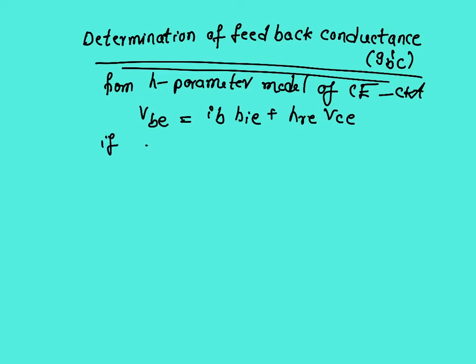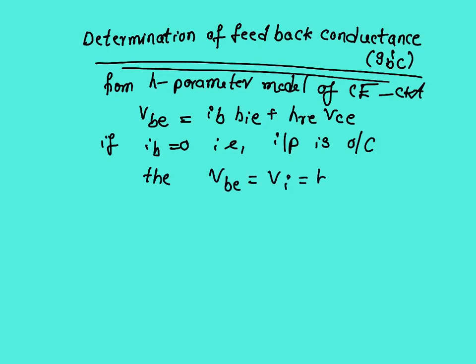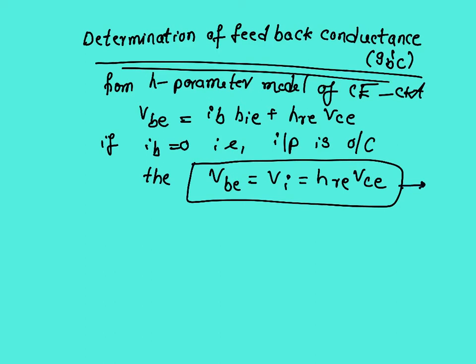If IB is equal to 0, that is, the input is open circuited, then VBE, which is also called the input voltage Vi, is equal to hre into VCE. Consider this as equation 1.